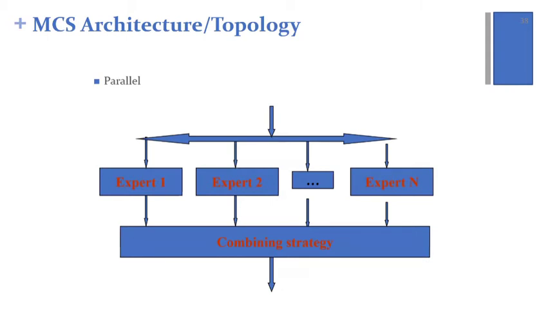And then we have parallel. This is faster because everybody can build whatever they want to develop in parallel, by participant 1, participant 2, up to N. So everybody goes home, builds your own individual models, and then we can come back and combine using the combination strategy that we are going to discuss later on.